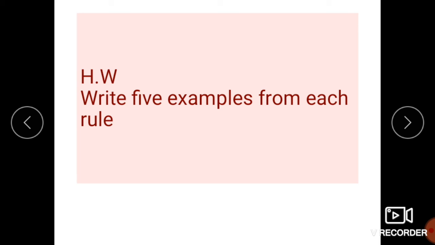And we change f into ves, like leaf, leaves, life, lives, knife, knives, and also wife, wives. So write any 5 examples from each rule.